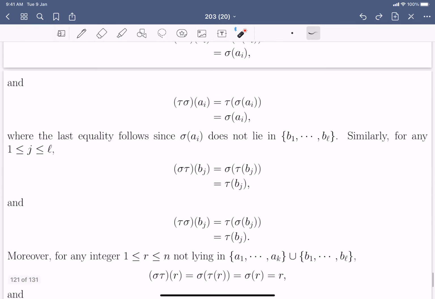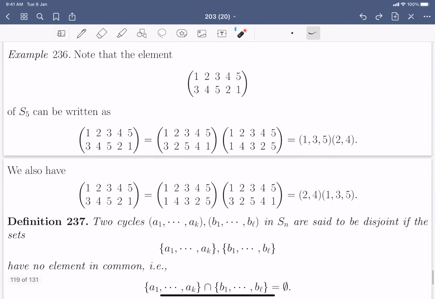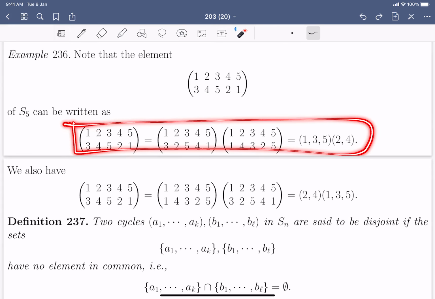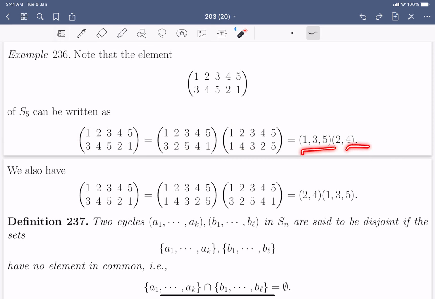The proof is essentially straightforward, and it's an adaptation of this argument. From this computation it may not be that clear why any permutation can be expressed as a product of disjoint cycles. But if you think for a while, then it will be so.